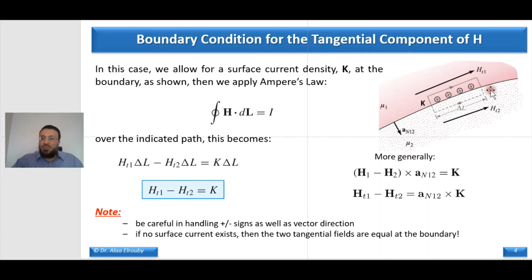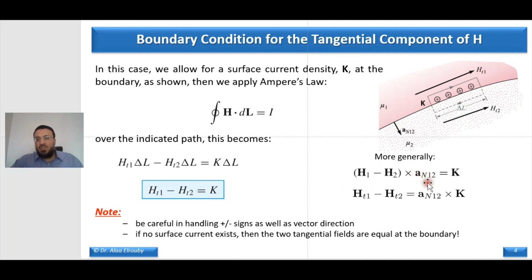Using the right hand rule, if we are rotating in this direction, the current is flowing into the screen. So we have here H tangential 1 minus H tangential 2 equal K. So the difference between the tangential components of the field H equals the surface current density.